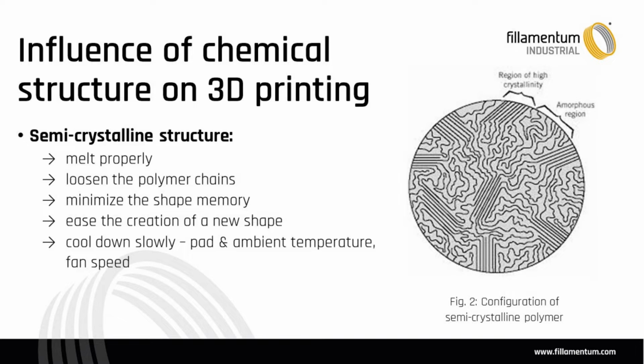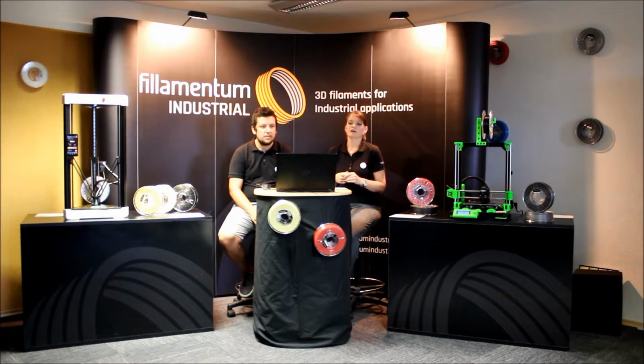We need to give it a lot of heat to melt it, to loosen the polymer chains, and to minimize the shape memory of the polymer. And if we can loosen the chains well, we can create the new shape more easily.